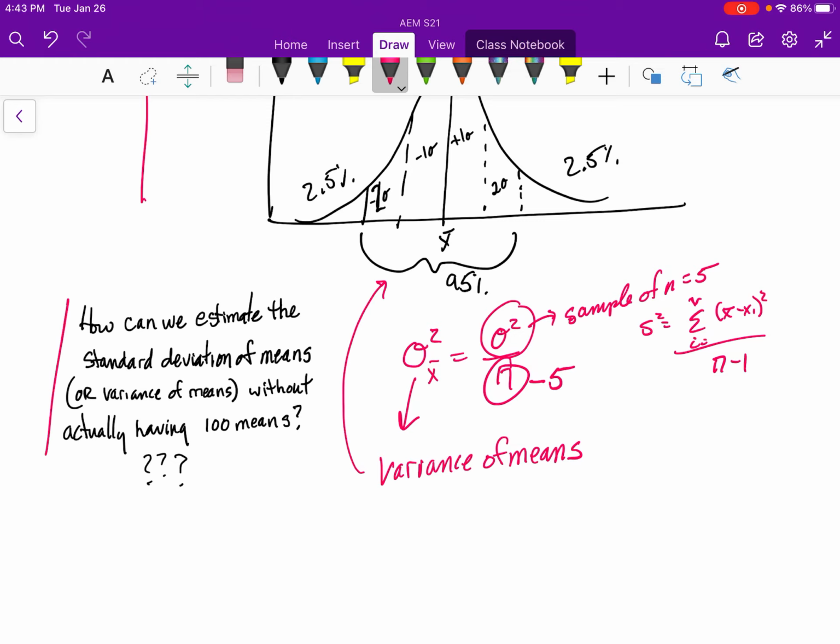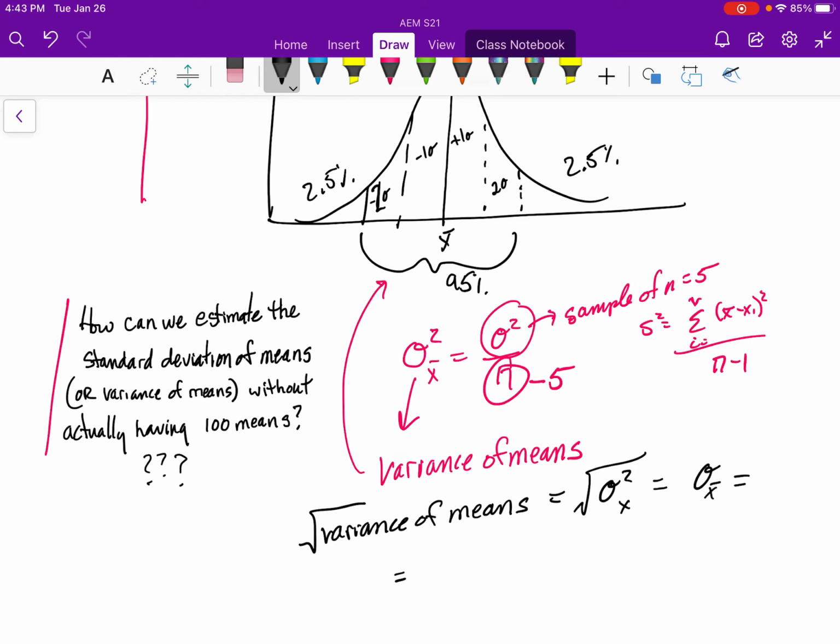So I should define something here, and that is to tell you that the square root of the variance of means, I'm going to rewrite that as the variance of means square root. Pretty obviously, it looks like this, right? And that number is actually equals the standard deviation of means.